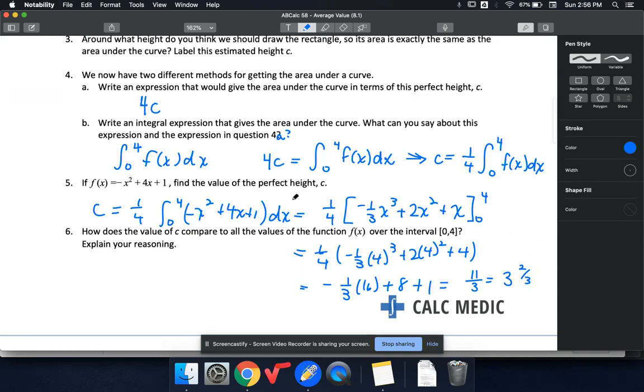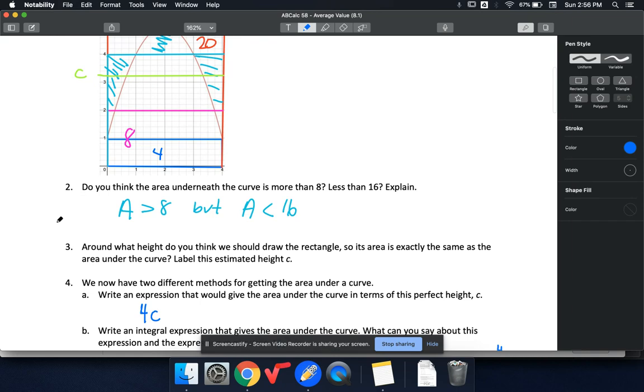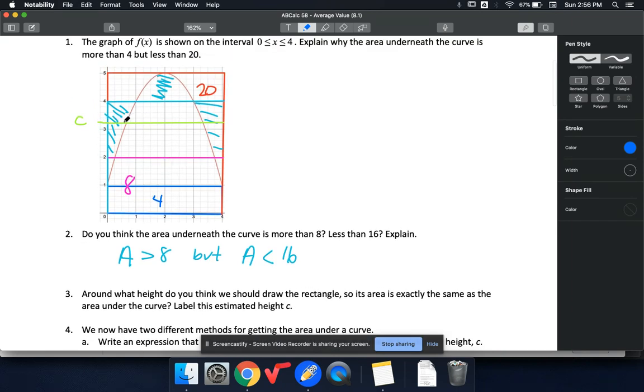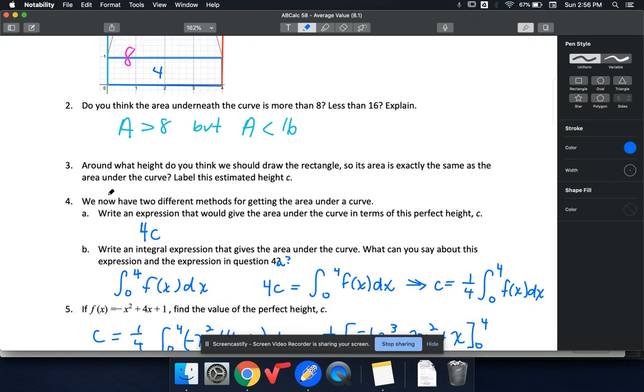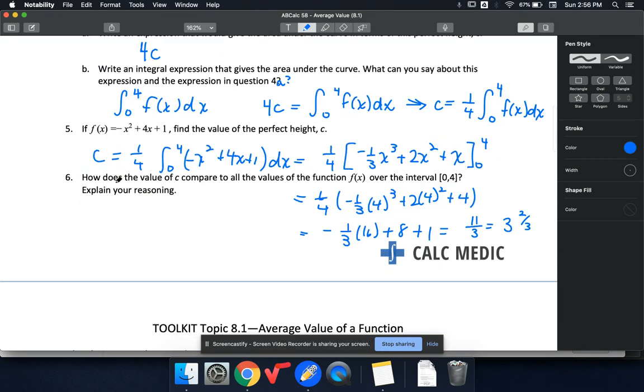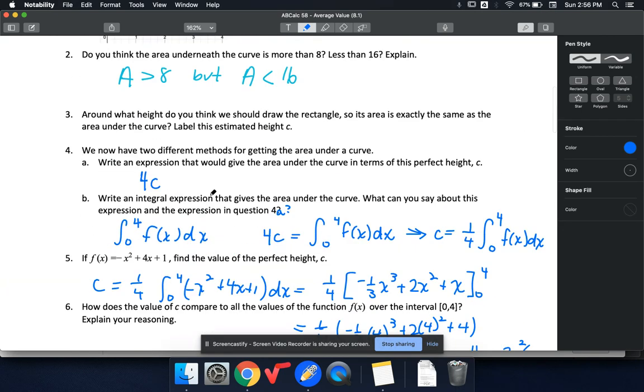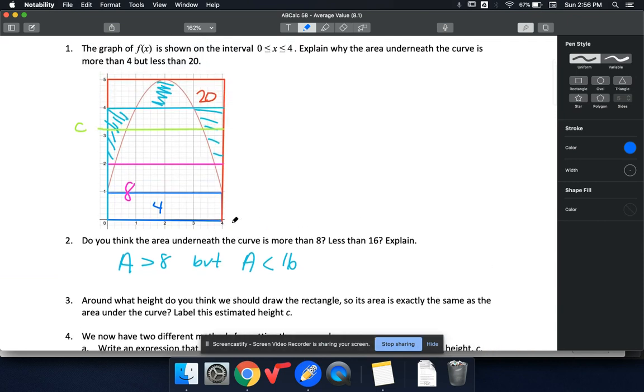And if I come up here, that is pretty close to what I said. I should have gone a little bit higher, but I did pretty well for that. And then in the end, that value of c compared to all the values of the function, well, like I said earlier, connecting that back to the FRQ, this value here is the average value of all the f of x values.